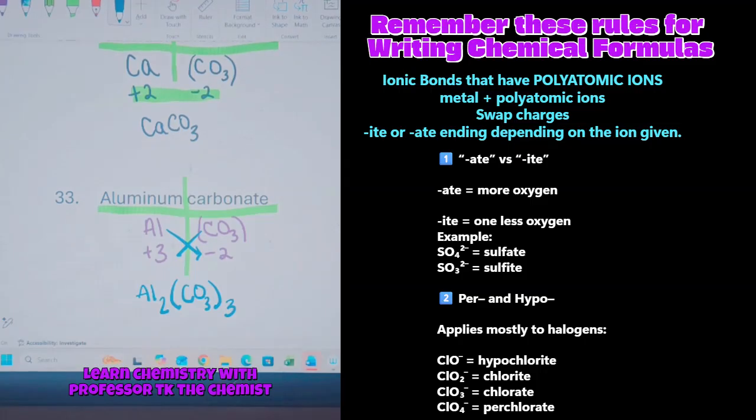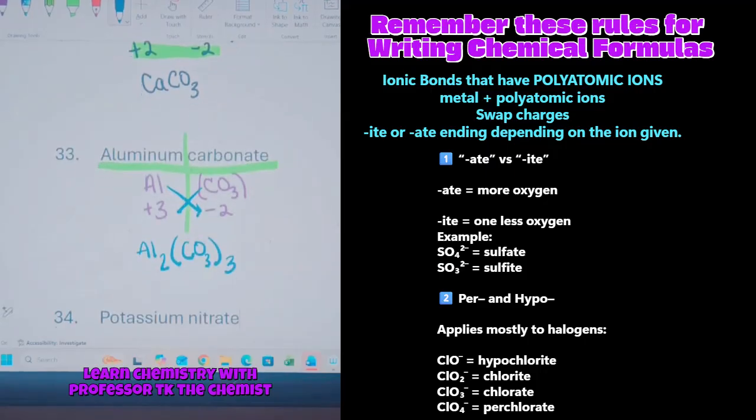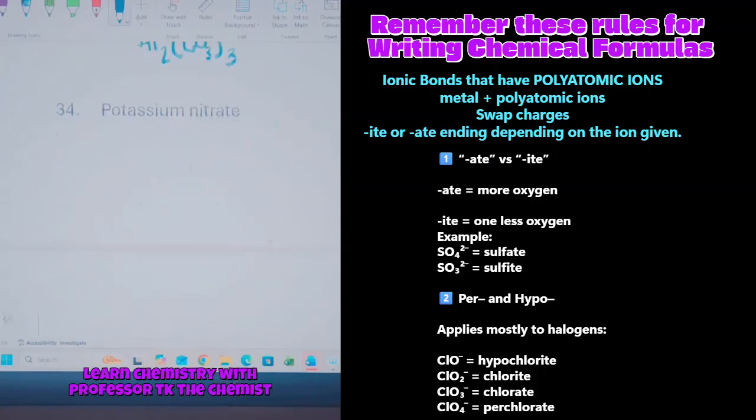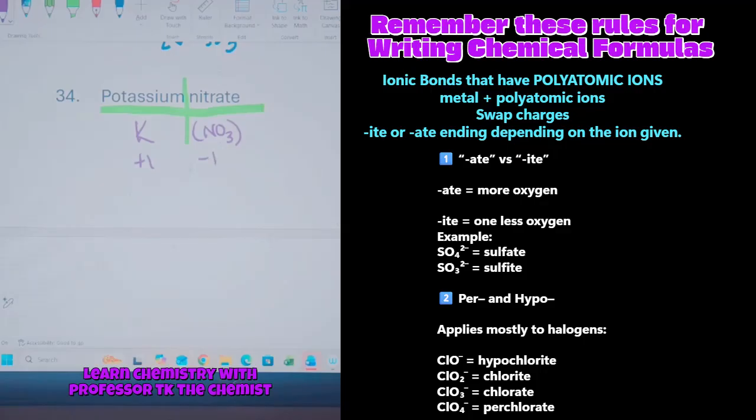Now, take a look at this next one, okay? Potassium nitrate. Again, you're going to draw a line down the middle, and I do that for every one of these problems. Potassium has a +1 charge. Nitrate, anytime you're dealing with your polyatomic ions, I always put in the parentheses so that the new number goes on the outside.